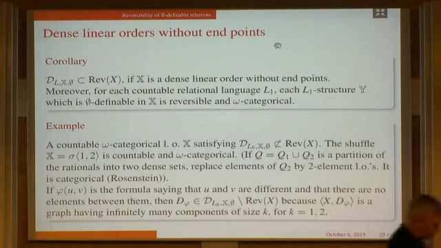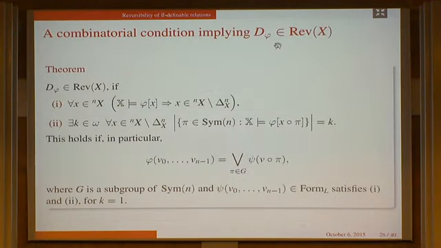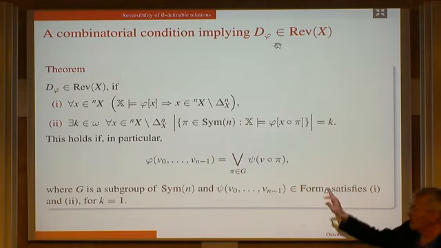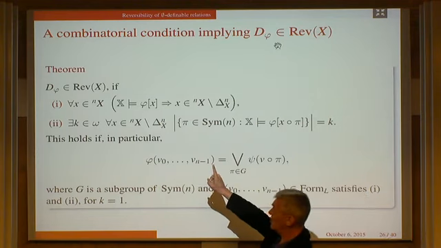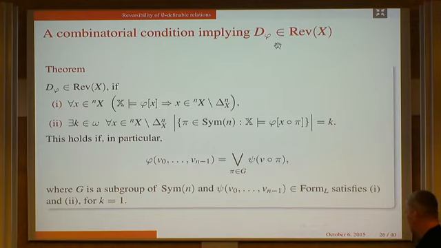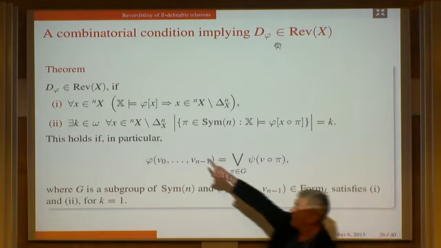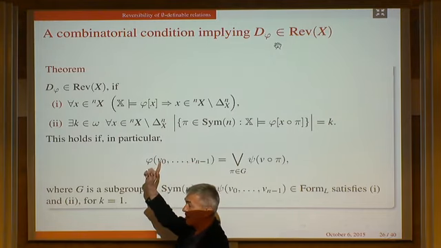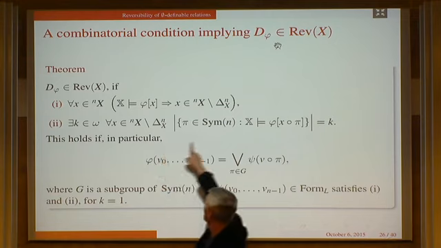Now, one combinatorial condition which implies that a definable relation is reversible. It's a bit complicated when written in this way, but what does it mean? For example, in the binary case, the first condition says that the definable relation defined by phi does not intersect the diagonal.